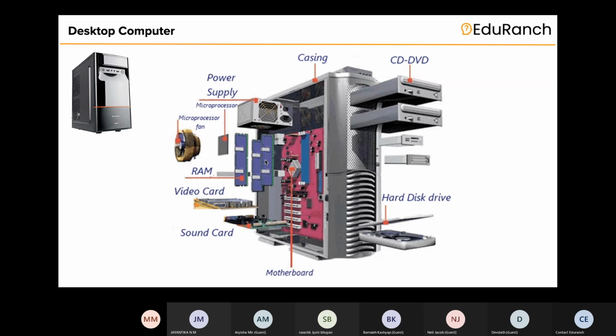There is a RAM, a microprocessor, a video card, a sound card, a hard disk, input output controllers. All these things are held by the motherboard. So the motherboard holds all the different hardware components so that they form a CPU. Got it? And all these things are enclosed in a casing.